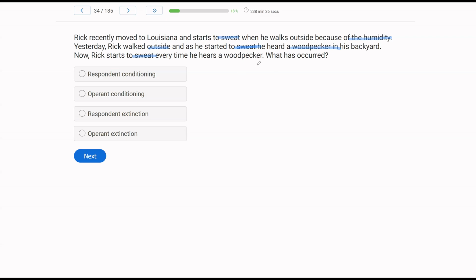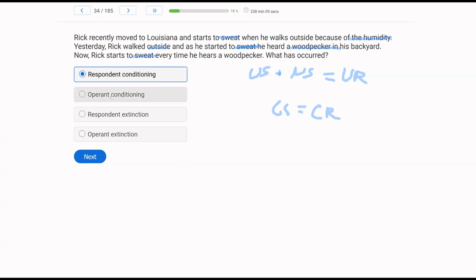Well, respondent conditioning. You've got outside, which is the unconditioned stimulus. It pairs with that neutral stimulus of woodpecker to evoke sweating, which was at the time an unconditioned reflex. The woodpecker becomes a conditioned stimulus, which leads to the conditioned reflex of sweating. This is making it respondent conditioning.